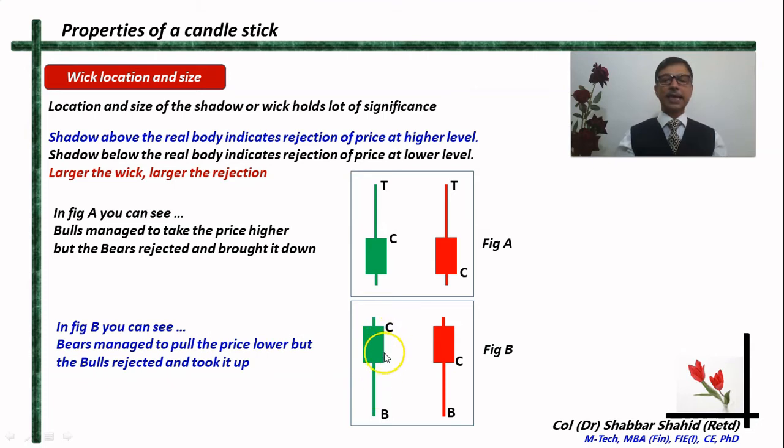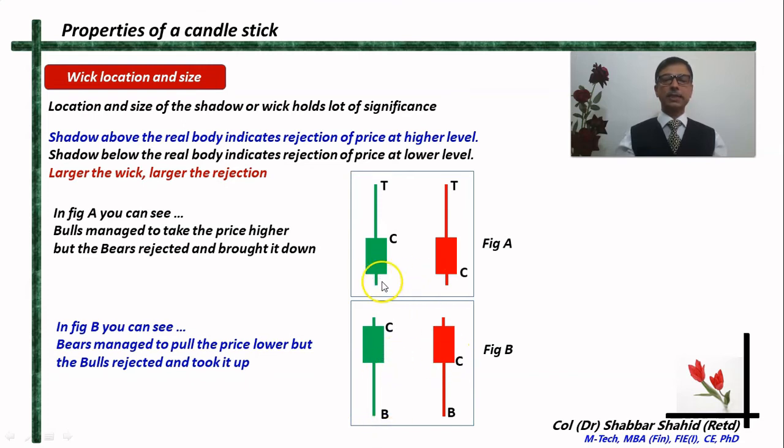In the case of the green candle, the bulls managed to bring the price right up to this point where it closed. C indicates close. And in the case of this red candle, again the bulls were able to pull back the price till this level, closing here. So the rejection of the price was there at the bottom, and the rejection was quite large.